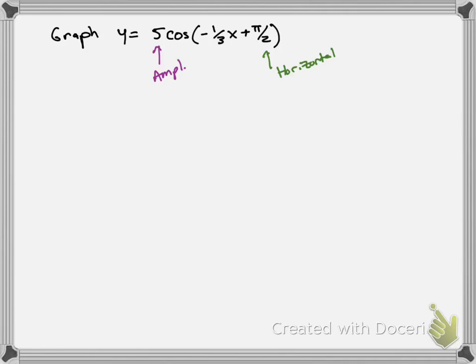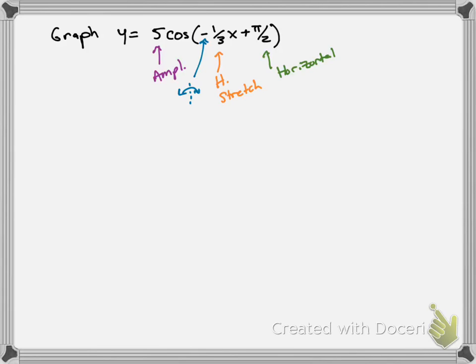So I do know that if it's 1/3 speed, it's really kind of like stretching out, right? So there's a horizontal stretch. And I also happen to know, because of that negative right there, that my x values are getting made opposite. So I have this reflection over the y-axis, right?